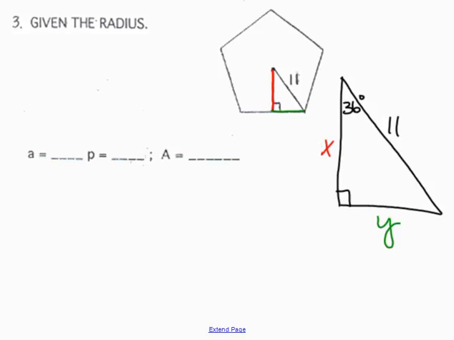So y equals 11 times the sine of 36, which is 6.5.